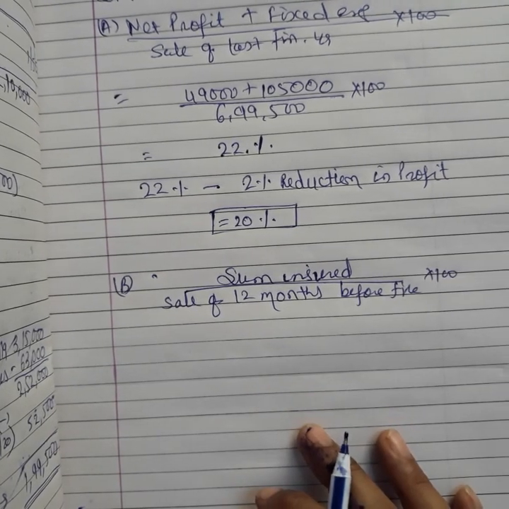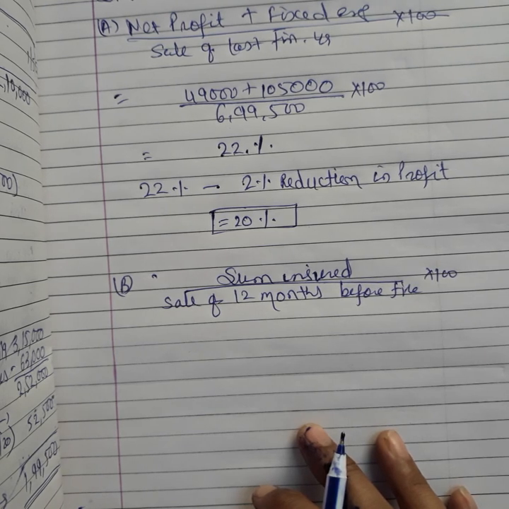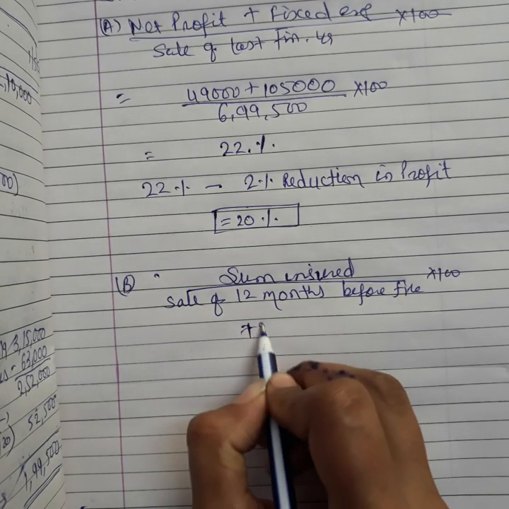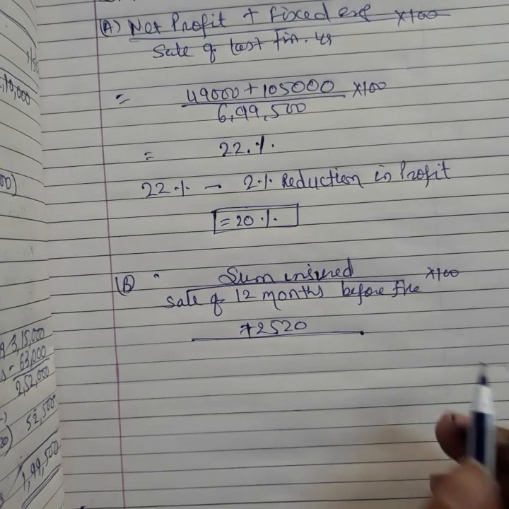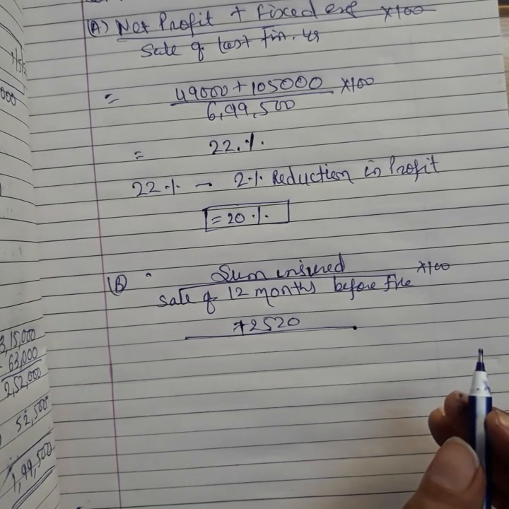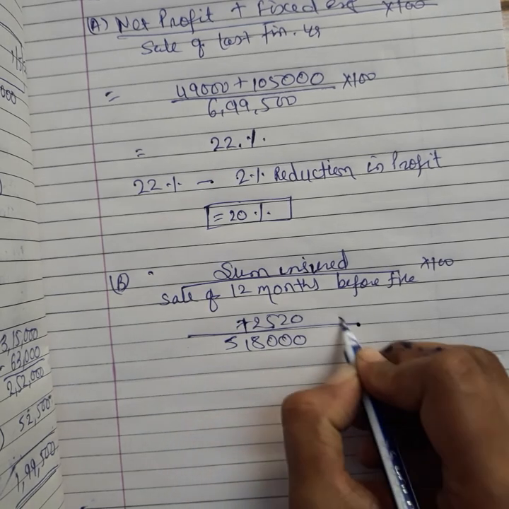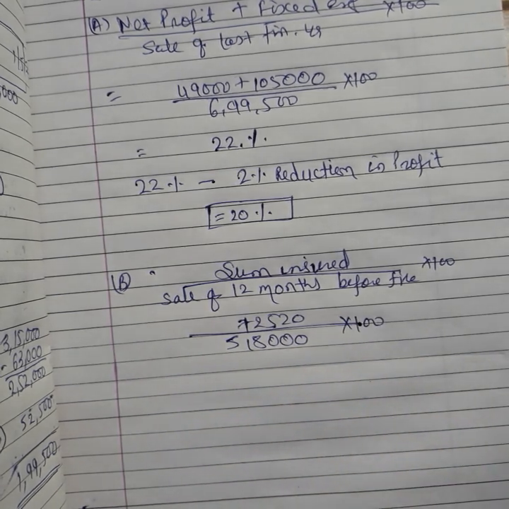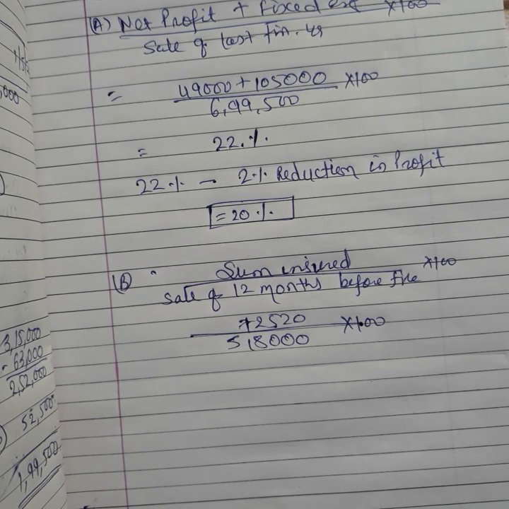So sum insured is given, 72,520 divided by sales, we have got 5,18,000 into 100. So 72,520 divided by 5,18,000 into 100.